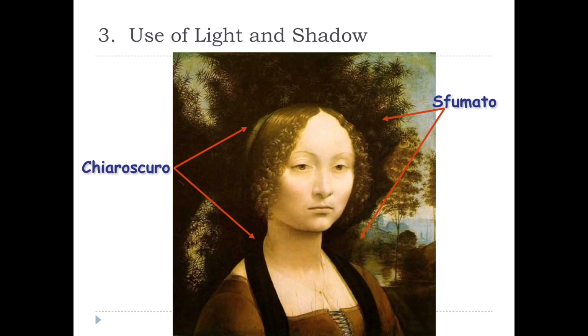And sfumato is the use of tones and colors to shade gradually. Where the arrows are pointing, it produces a softened outline, and that's the whole goal of it.